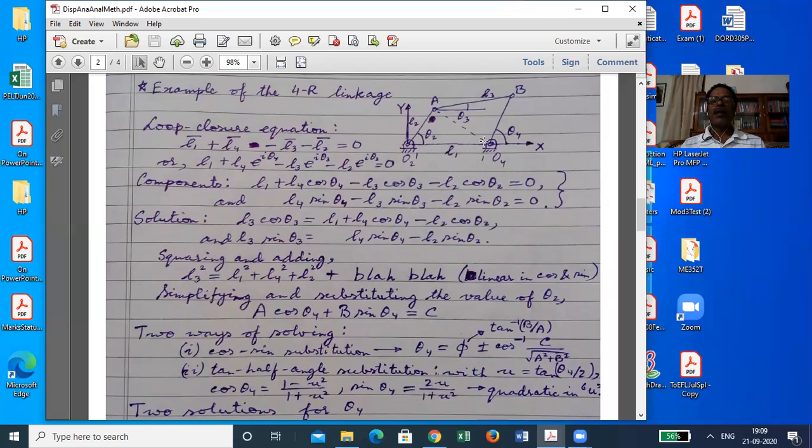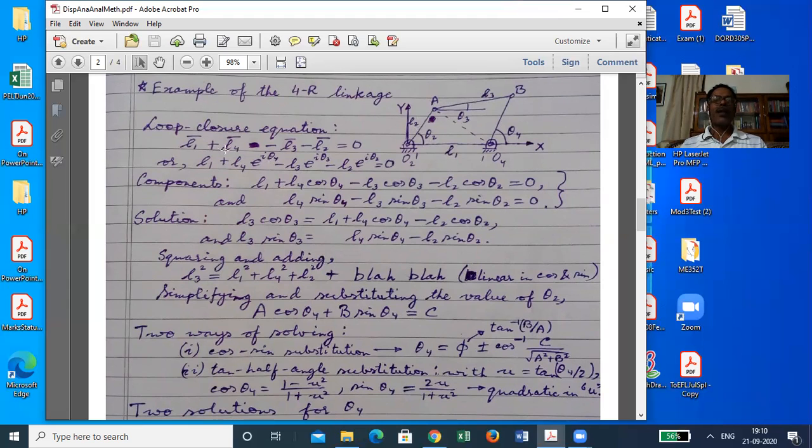L1, this vector, plus L4. Now you say minus L3, because the vector L3 you will represent from this end to that end. You could have done everything in one orientation, and in that case you would write plus plus plus plus, hardly matters. And then again minus vector L2, because L2 also you are expressing from this end, not from the A end.